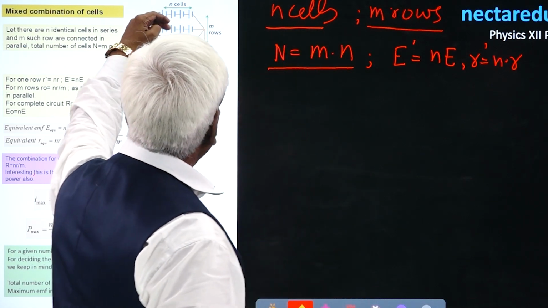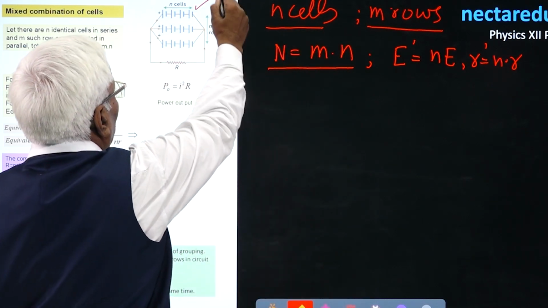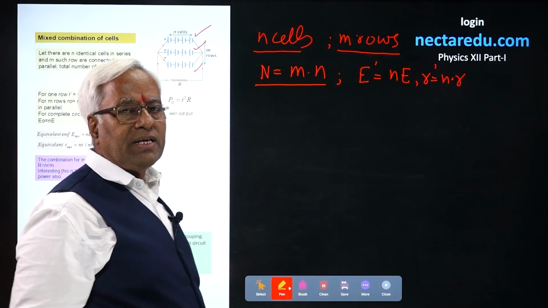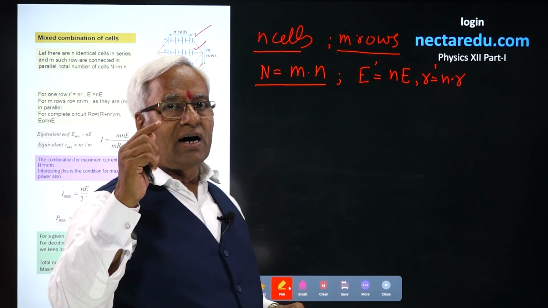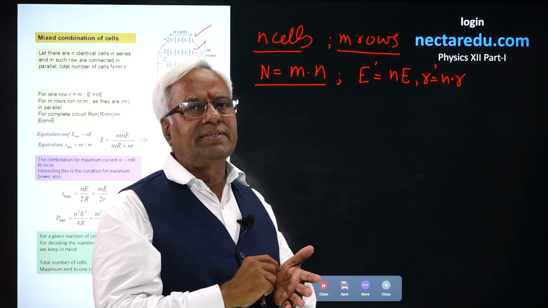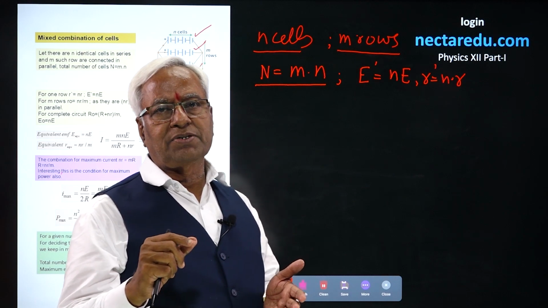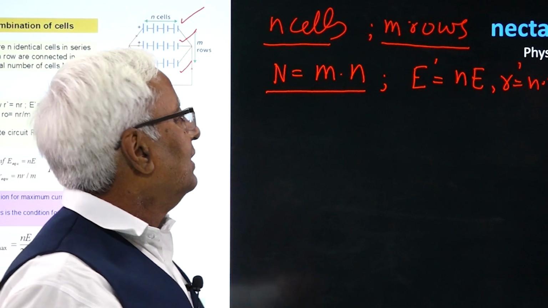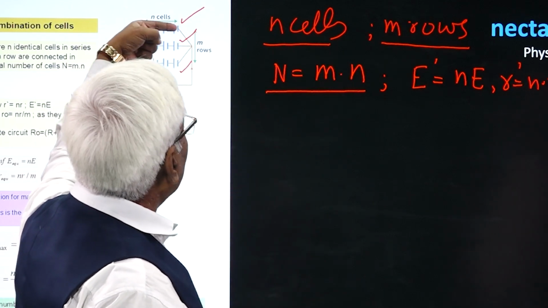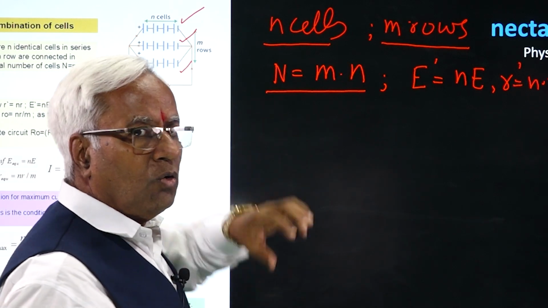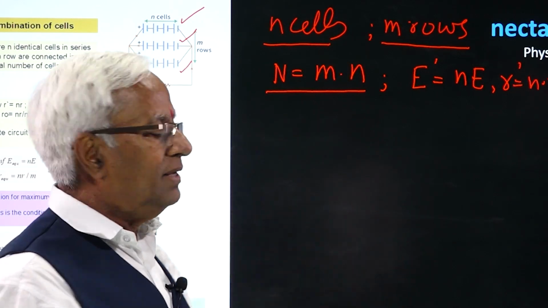Now, nr in each row: nr, nr, nr. When equal resistances are connected in parallel n times, the resultant in parallel combination becomes 1 upon n of the single value. Here the single value is nr, and these are all connected m times.